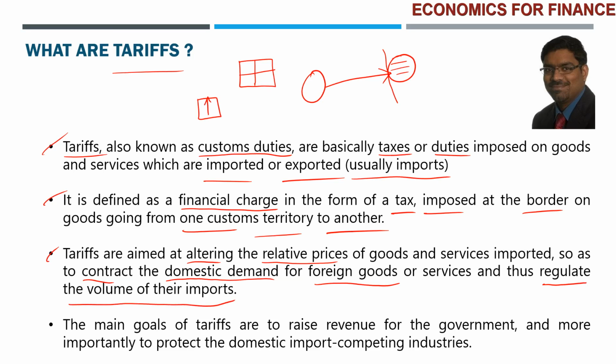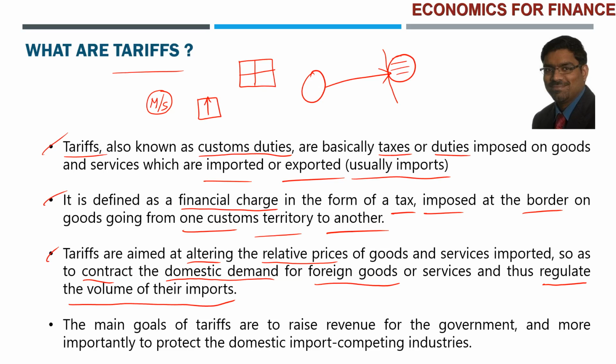Otherwise, too many goods will come and flood the country, maybe at a very cheap price. With that, what happens? Our local manufacturers might not be in a position to compete with that flood of foreign goods at a cheaper price. And then eventually, the people who are doing manufacturing or service activities within the domestic territory will become extinct from business.